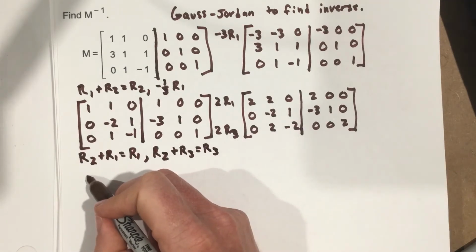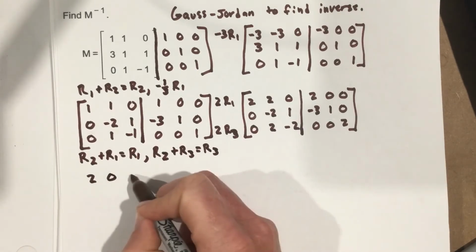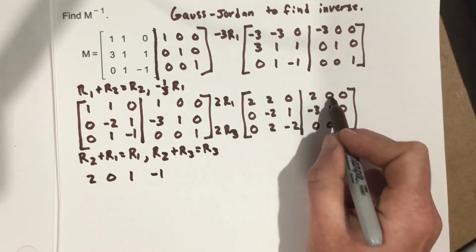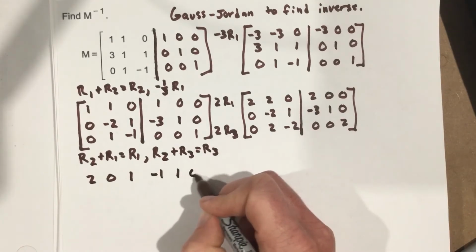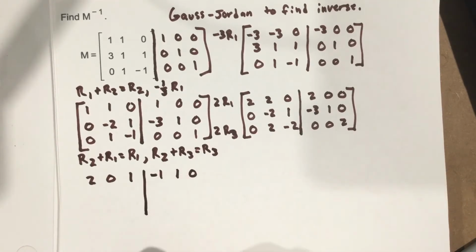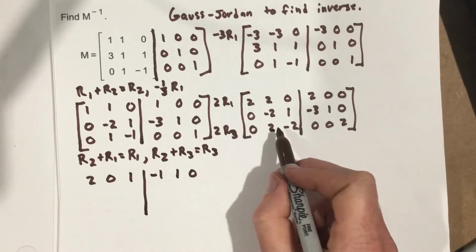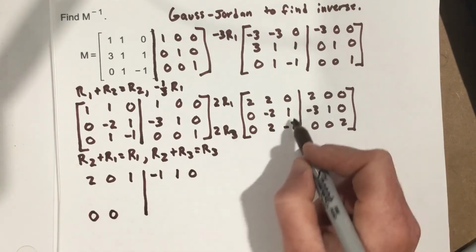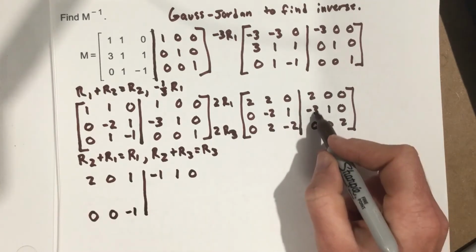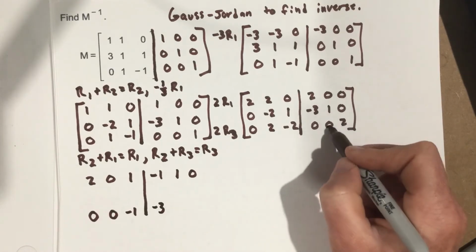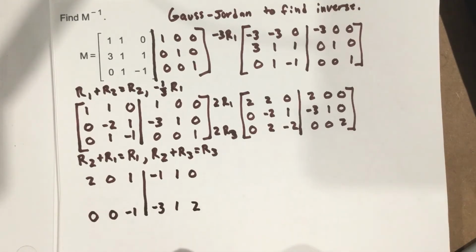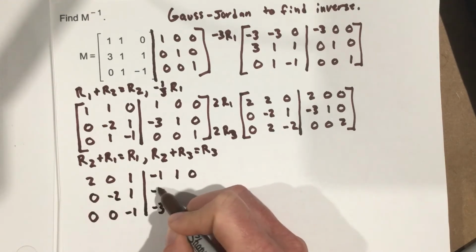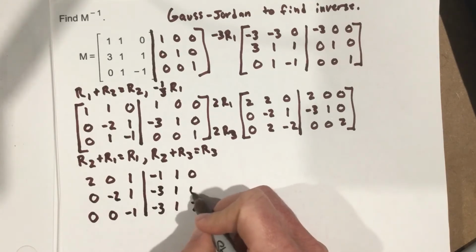That's going to give you 2, 0, 1, -1, because -3 and 2. 1 and 0 is 1, 0 and 0 is 0. And then I get 0 down here, 0 here. This will give you -1. This is -3, 1, 2. And I still have 0, -2, 1, -3, 1, and 0.